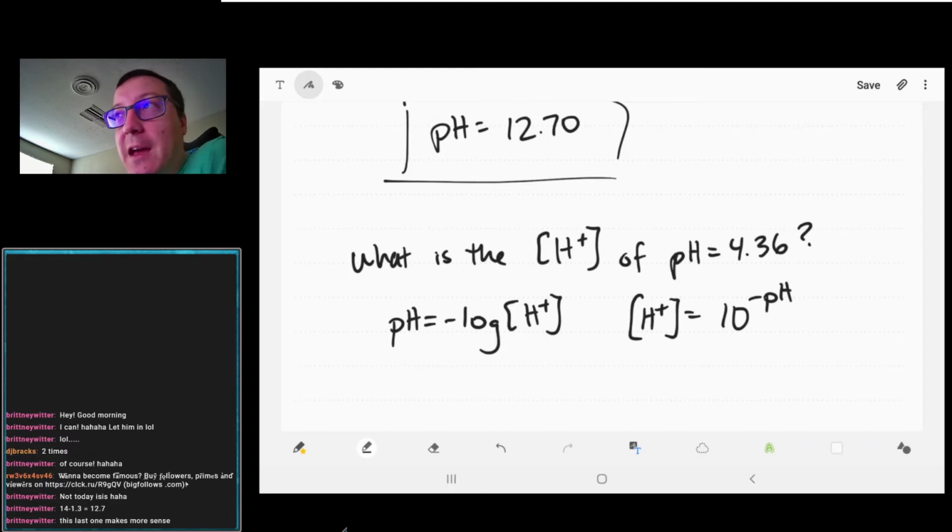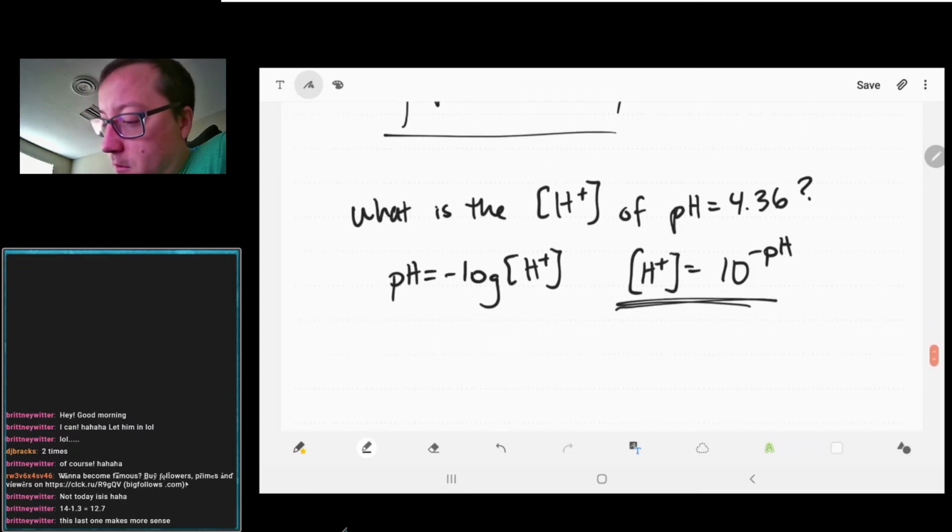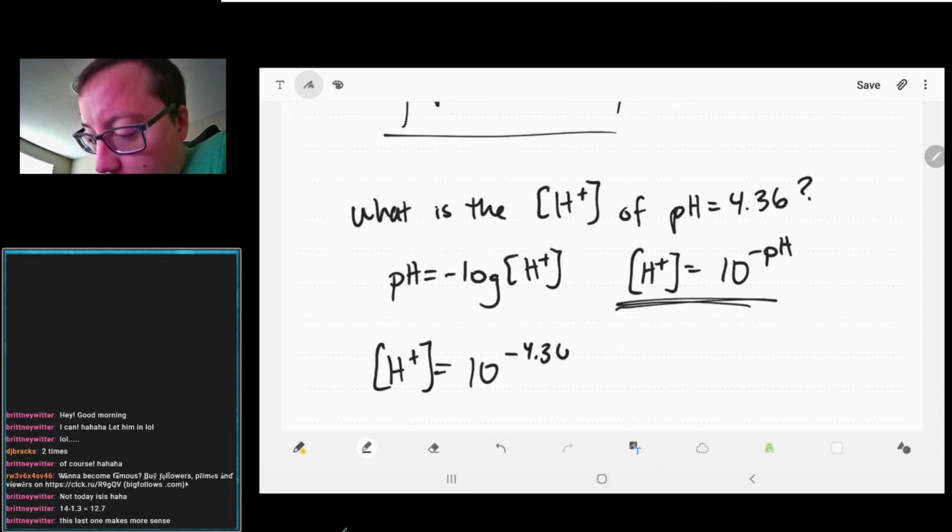And that's going to be that button there. So we're looking basically at this formula right now. So the H plus is just going to be 10 to the negative 4.36. And of course, we'll plug that into our calculators. You could do this manually, of course, or you could use the 10 to the x button.